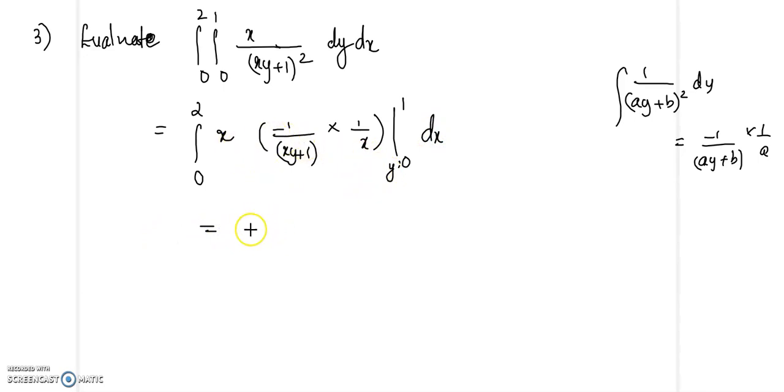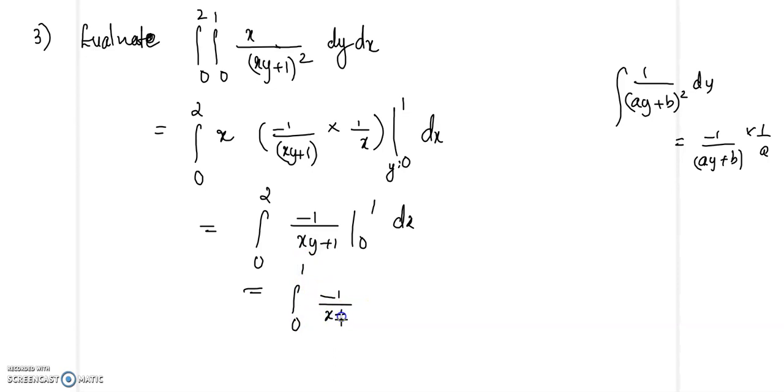Here x cancels. So we'll get the integral from 0 to 2 of minus 1 by (xy plus 1) from 0 to 1 dx. Now apply the limits on y. So we'll get the integral of minus 1 by (x plus 1), minus, when you put y equal to 0, we get minus 1. So that is the integral of minus 1 by (x plus 1) plus 1 dx.